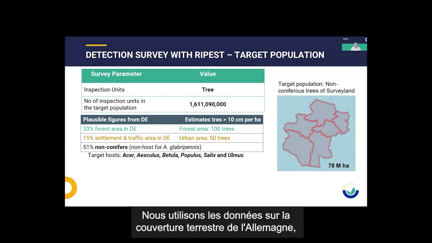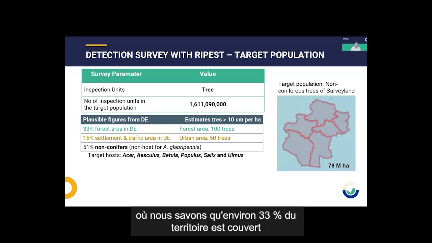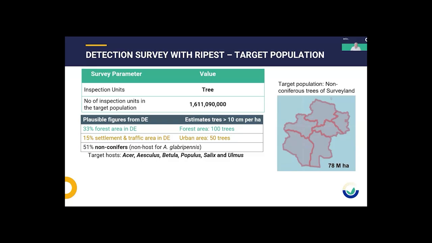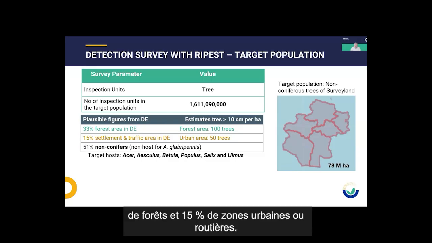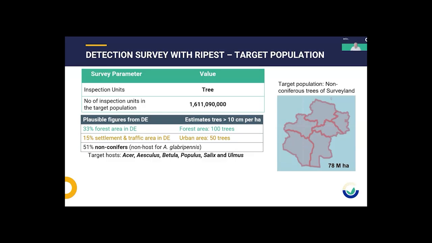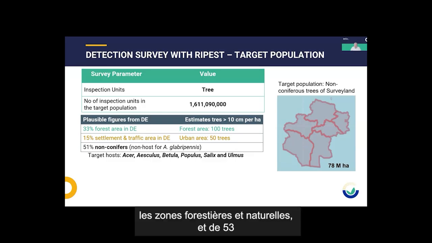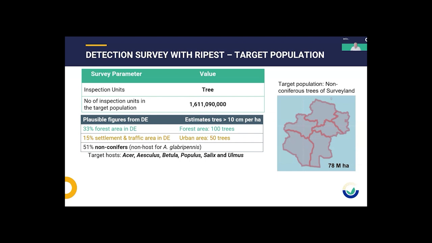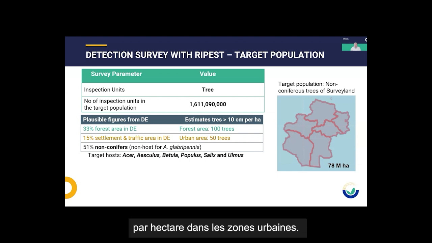We used land cover data from Germany, where we know that around 33% is forest and 15% settlement or traffic areas. We know that the tree density is about 100 trees per hectare in forest and natural areas and 53 per hectare in urban areas.